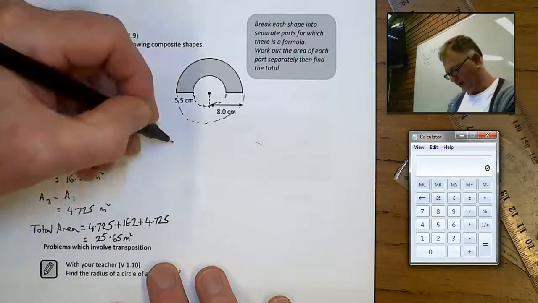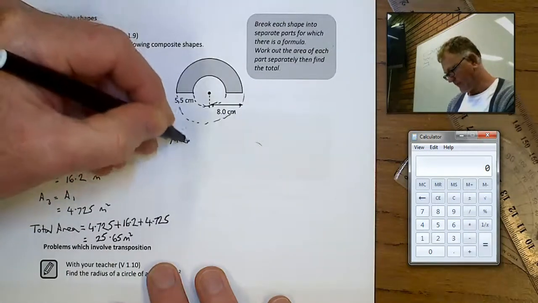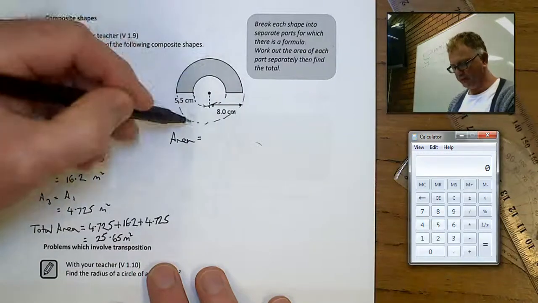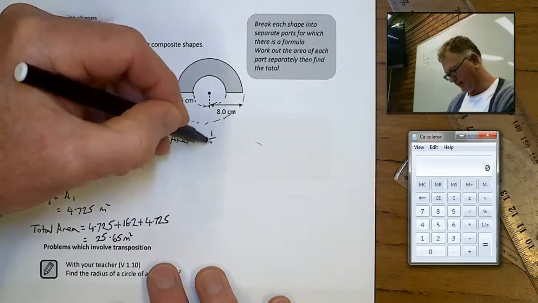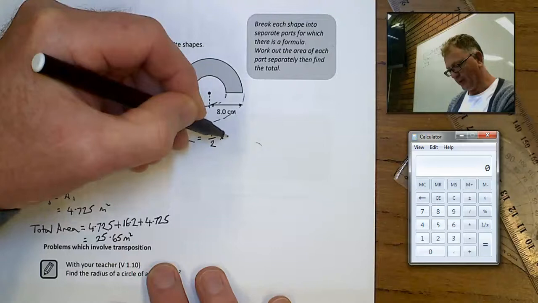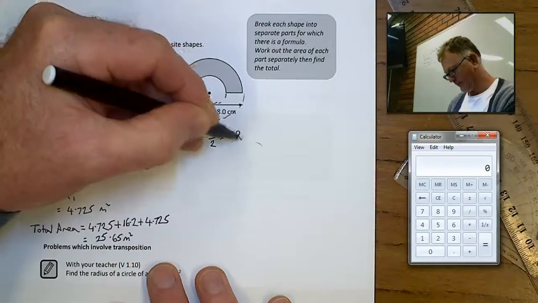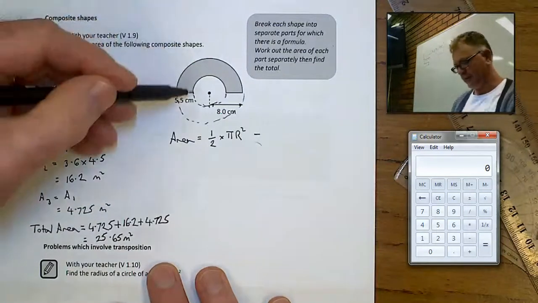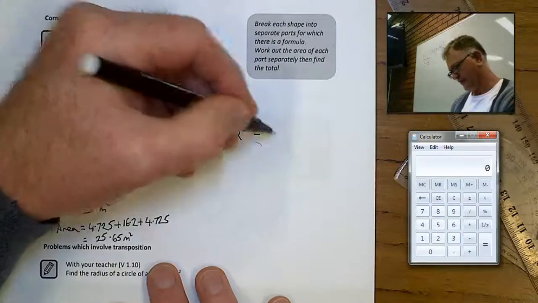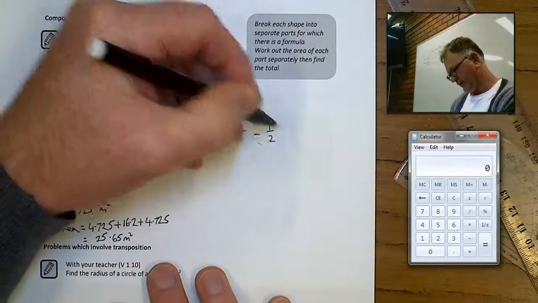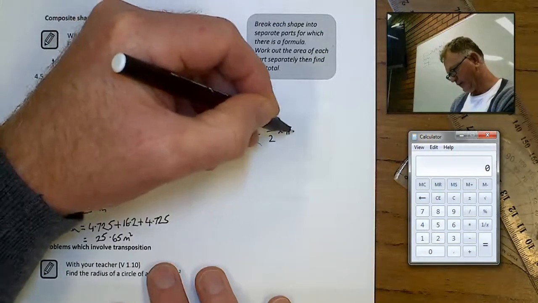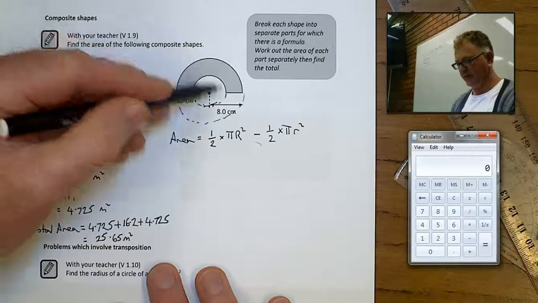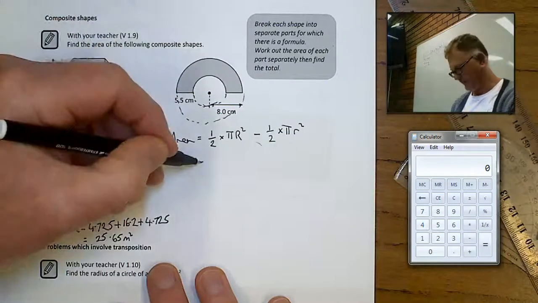So you could say the area is equal to half of a full circle, so a half times pi R squared, and then we're going to take away half a small circle, half times pi, and I'll call it little r squared, big R squared for the big circle, and we're going to take away half a small circle from it.